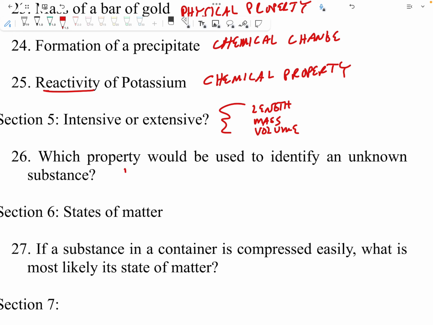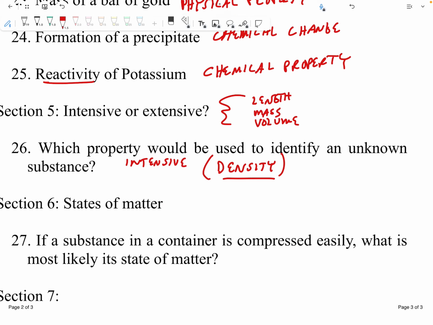That would be an intensive property. Intensive properties do not depend on the amount of matter present. And the best example of that would be density. Okay.